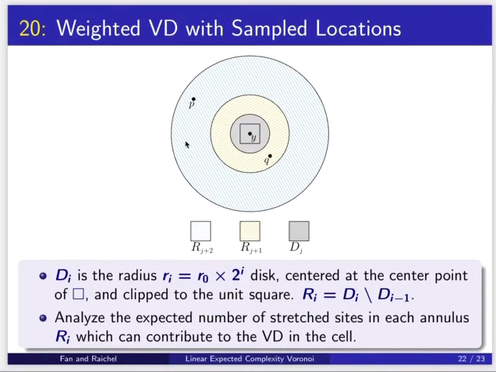After that, we divide the unit square around the grid cell y into annuli. We want to analyze the expected number of stretched sets in each annulus that contribute to the Voronoi diagram inside the grid cell.